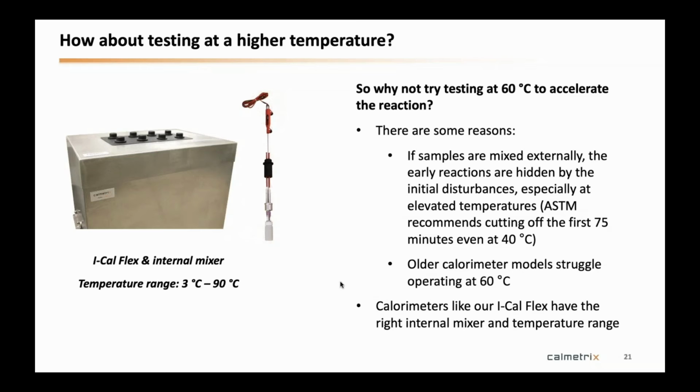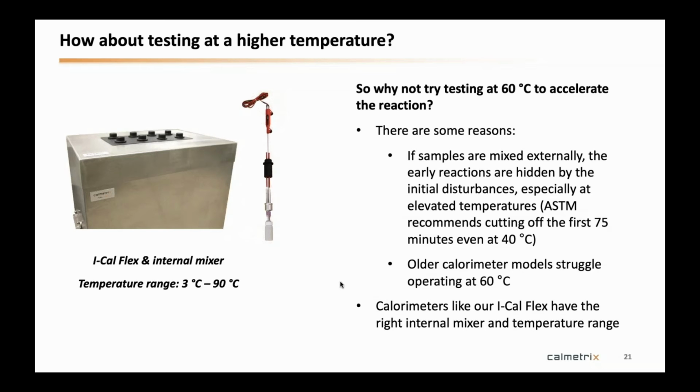For one, the problem with 60 degrees C is that the temperature gradient between your ambient temperature where you mix and your curing in the calorimeter at 60 degrees is higher. And as we said earlier, it creates more disturbance, so you lose even more of the initial curve. That sort of defies the purpose, unless again, you have an internal mixer.